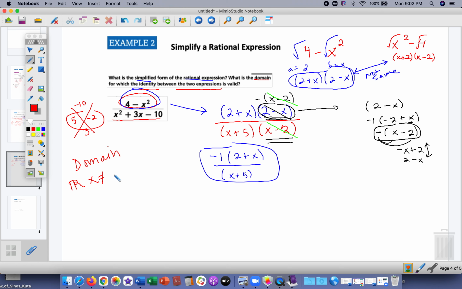X cannot be -5 or 2, okay? How I decide what the restrictions are, I set my denominator equal to 0 and solve.